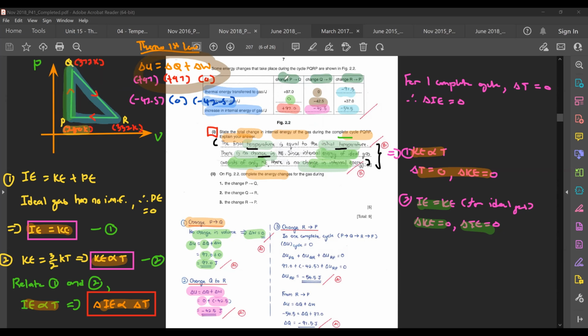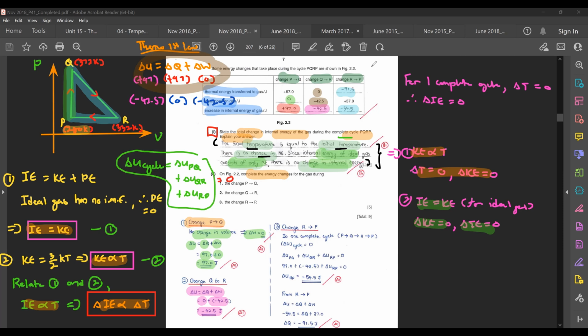If you have gone through one full complete cycle, the change in your internal energy for that whole complete cycle will consist of the change in internal energy from P to Q plus change in internal energy from Q to R plus the change in internal energy from R to P. This one will have been the internal energy change for the whole cycle. Okay, it's just that in your current case, because this is a closed cycle, you start and end at the same point, this entire thing should equate to 0.